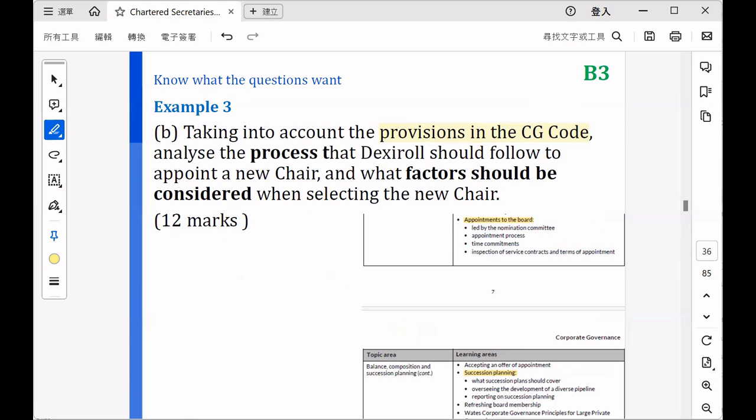Analyze the process that this company should follow in the appointment of new directors, and what factors should be considered when selecting a new chairman. So they have divided the answers for you. What is the process that they should follow, and what are the factors they should consider when selecting new chairs to the board.